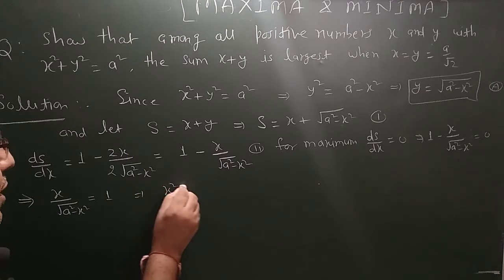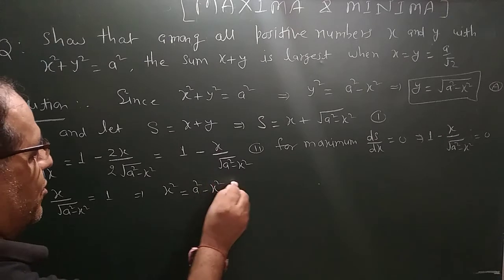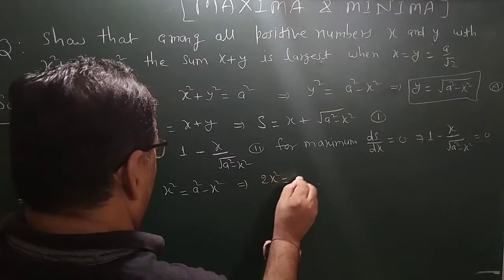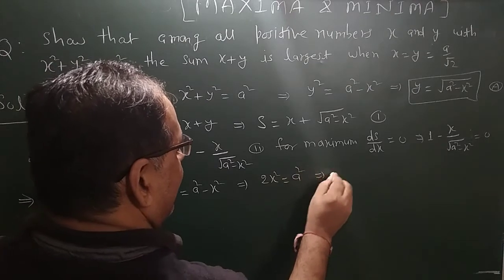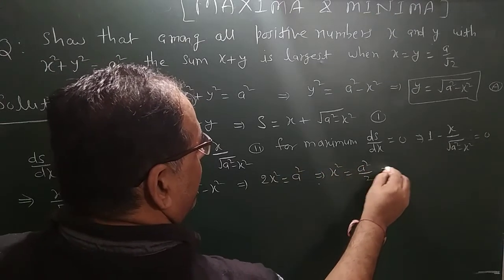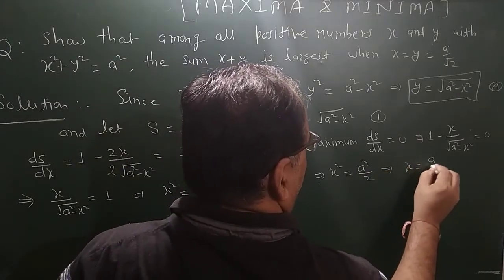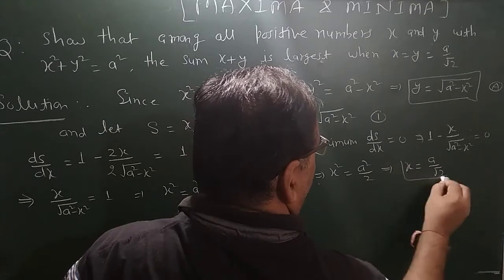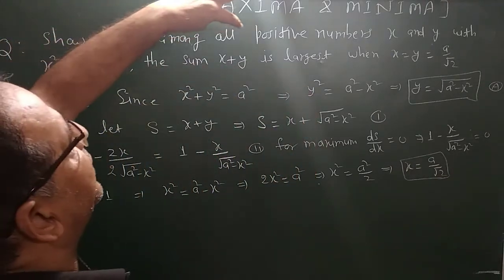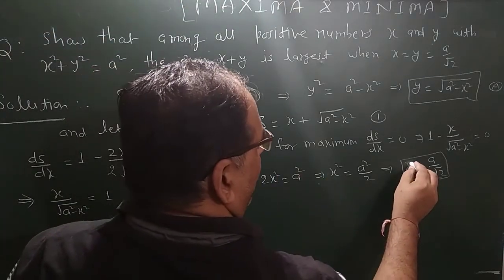So x square equal to a square minus x square, 2x square equal to a square, x square equal to a square upon 2. That means x equal to a upon root 2. Here we take only the positive sign because in the question we are finding positive numbers only. So x equal to a upon root 2.